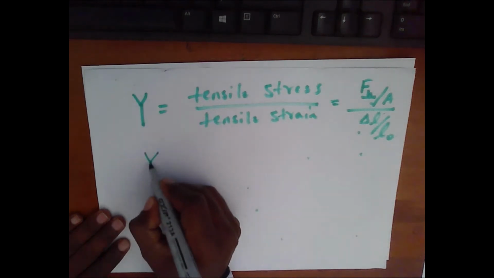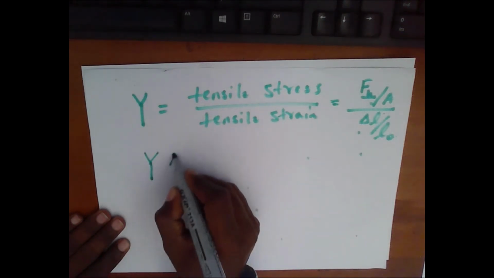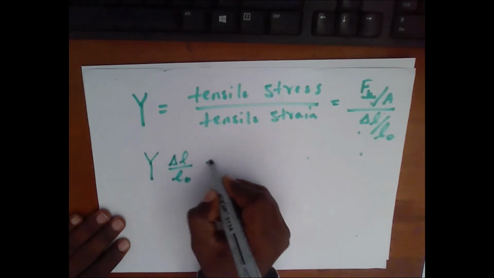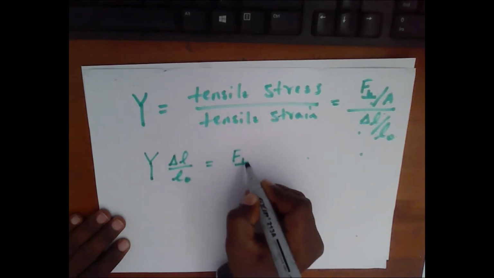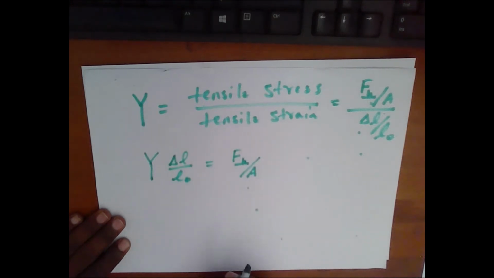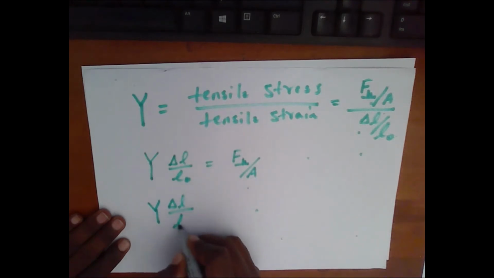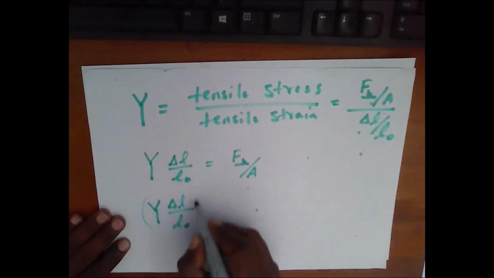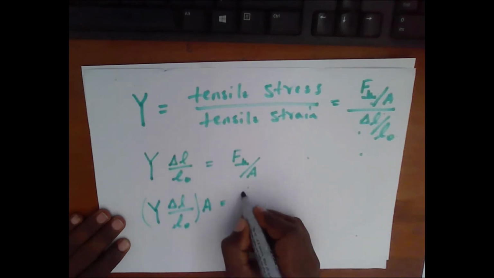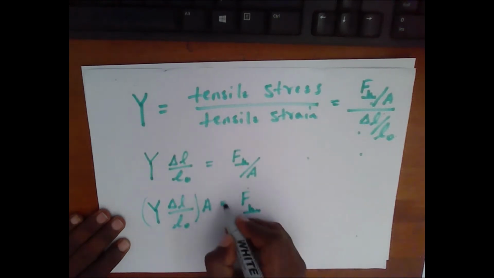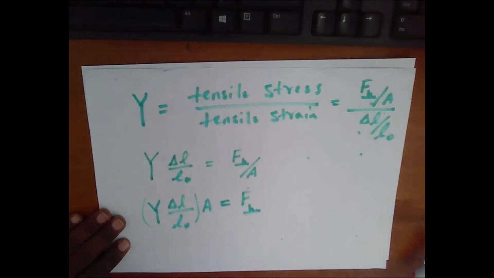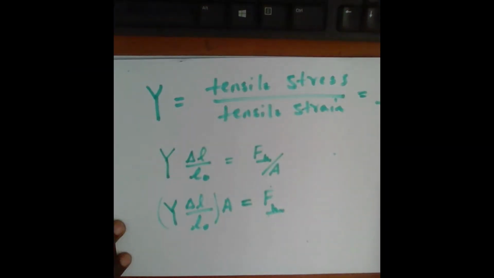So Y, Young's modulus, multiplied by the change in length over the original length, is equal to the perpendicular force divided by the area, and Y times change in length over the original length multiplied by the area is equal to the perpendicular force. We have the force perpendicular, the area, the change in length, the Young's modulus, the original length.